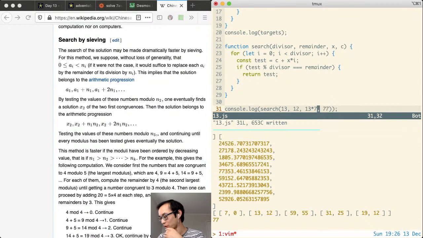So that shouldn't be 77, that should be 259. X times i, that's 77. 77 mod 13 is 12. Why is 77 mod 13 12? Ah, no, this is the next one. We want 19 and 12 for this one. That's 259. So for the first round, we want 13 and 12, and this is just 7, and we start with 0.